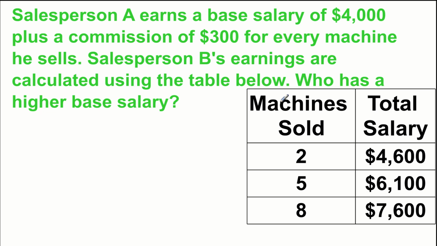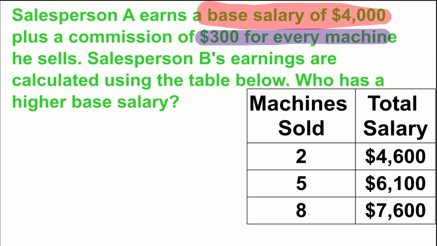Salesperson A. All right, salesperson A, we got a base salary right here of 4,000. Are we looking for the slope or the y-intercept? Y-intercept. If you weren't sure, all you have to do is look at salesperson A, and it says $300 for every machine. Every is a slope word. That means the 300 is a slope. The base salary of 4,000 is your y-intercept.